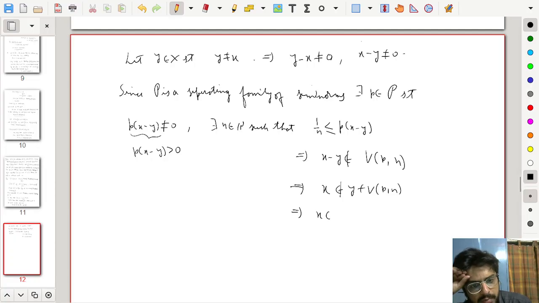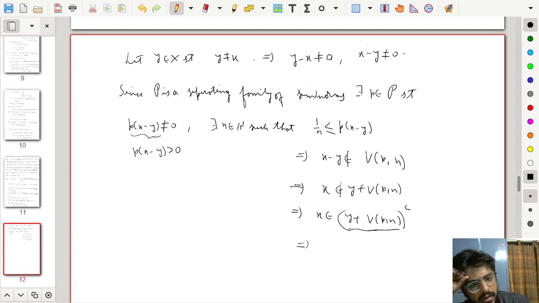This implies x belongs to the complement of y plus V_{p,n}. This is open by definition, since we have added translates of V_{p,n} as open sets. So this is an open set and the complement of that is closed.